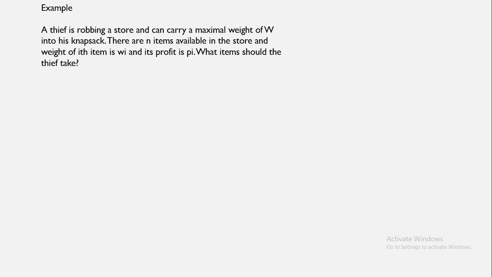The weight of item i is wi and its profit is pi. So what items should the thief take? In this context, the items should be selected in such a way that the thief carries those items for which he will gain maximum profit. Hence, the objective of the thief is to maximize the profit.